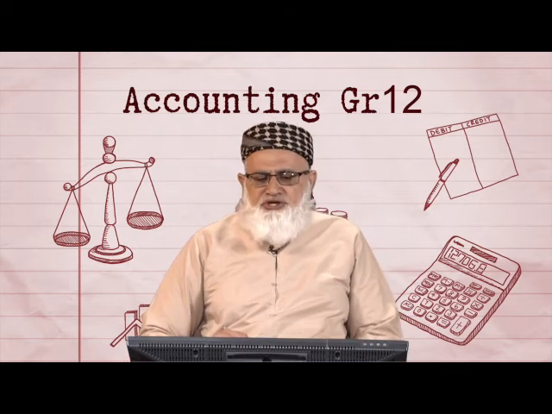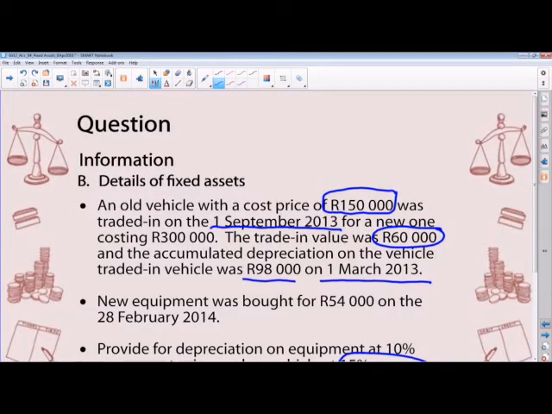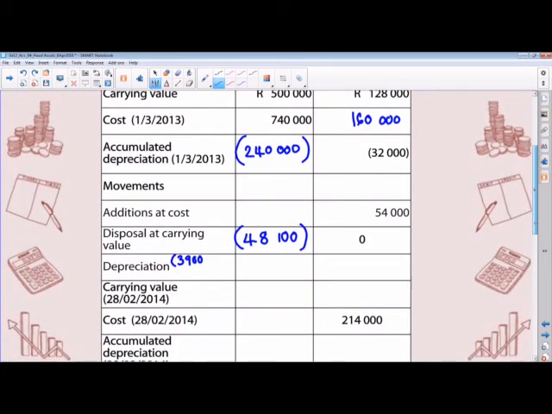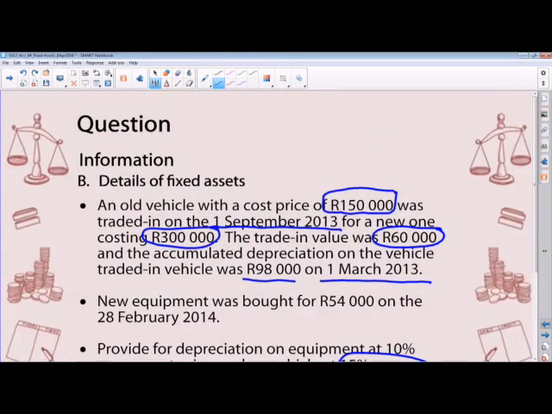In terms of what I know, did I purchase a new vehicle? Yes, we purchased a new vehicle that cost 300,000. Aha, so coming back to my note, additions at cost for my vehicles would be 300,000. There it is. And with regards to my equipment, what do I know? New equipment was bought for 54,000 Rand.